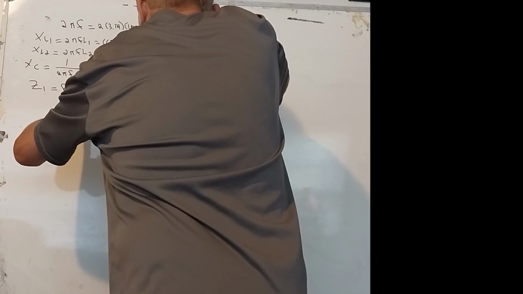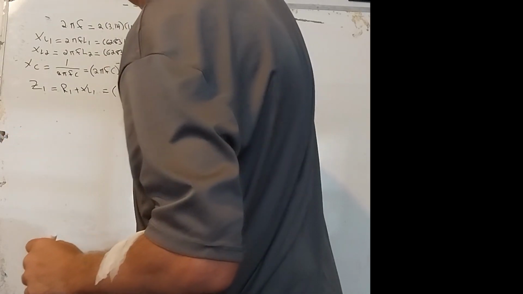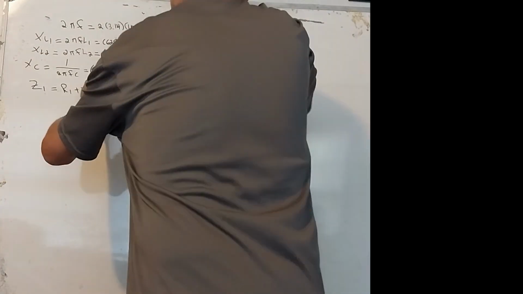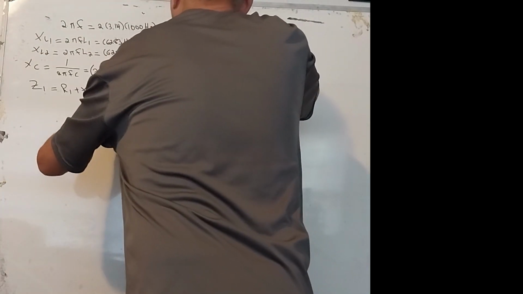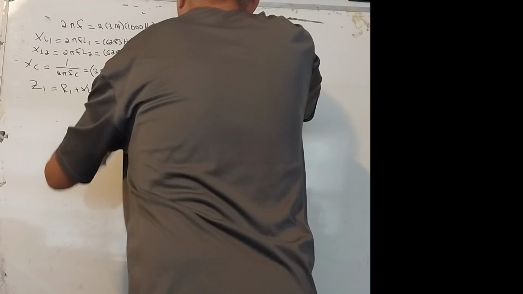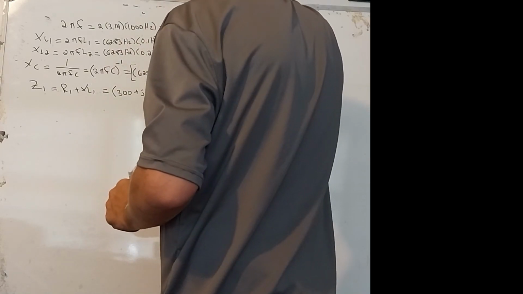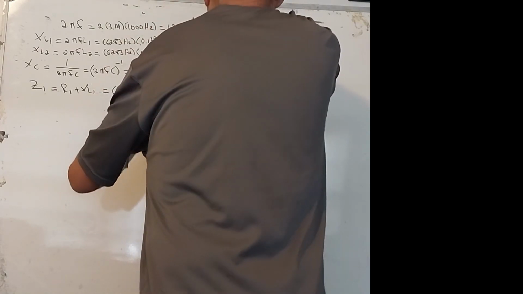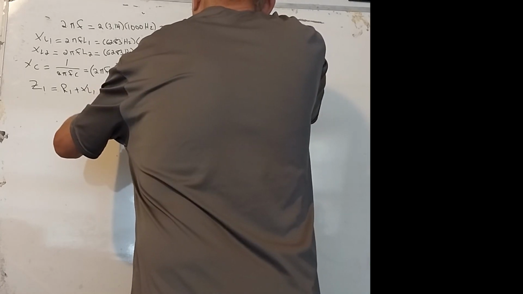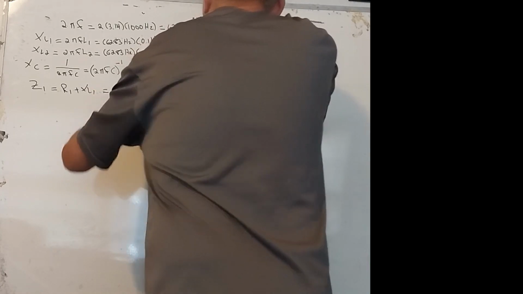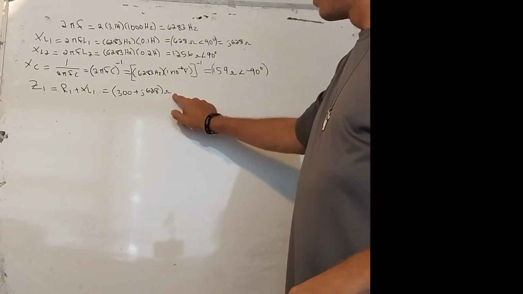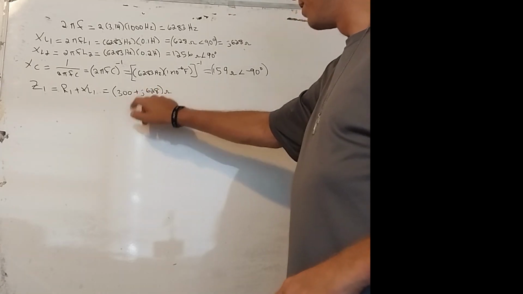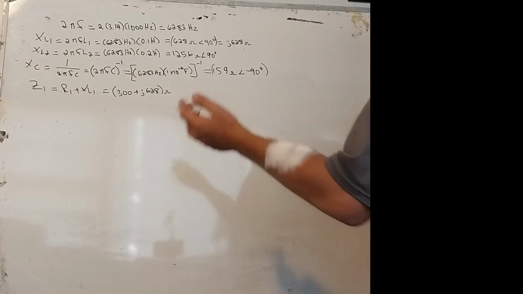This is going to be equal to R1, 300 ohms, plus J of X of L1, 628. Notice I wrote the ohms on the end here so that I don't have to put them next to both numbers. I could do that; it's just a simpler step.